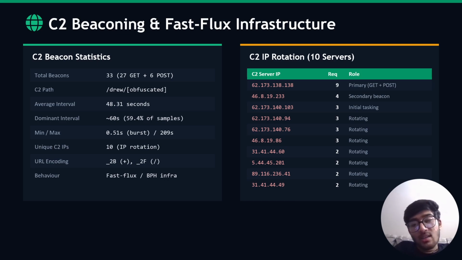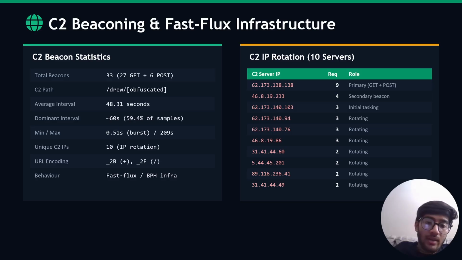This slide details the C2 infrastructure. On the left are the beacon statistics: 32 total beacons using the /drew path prefix with heavily URL-encoded segments. The dominant interval was approximately 60 seconds, accounting for 59% of measured intervals. The minimum interval was just one second, bursting.